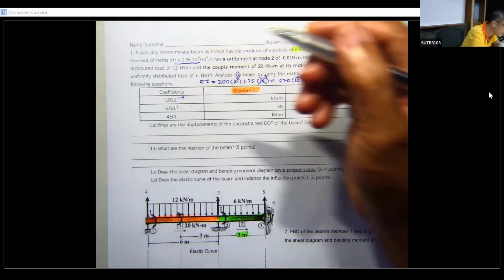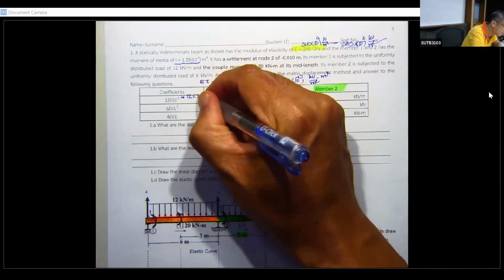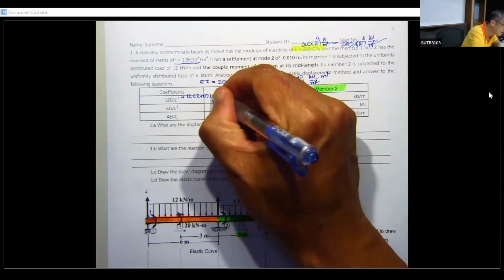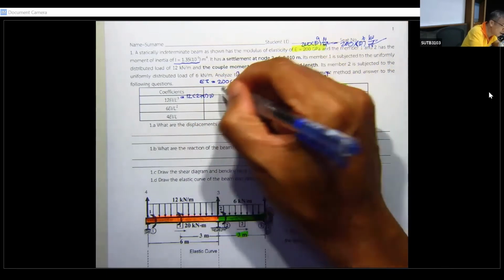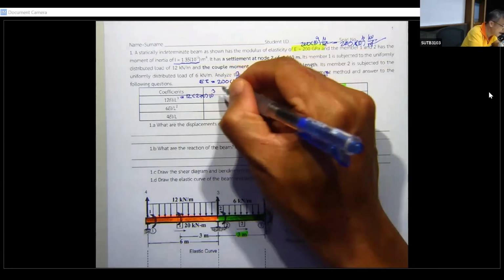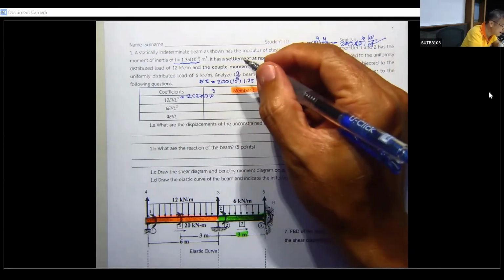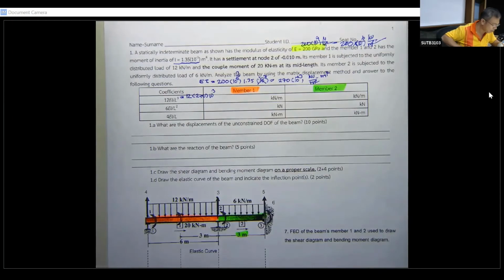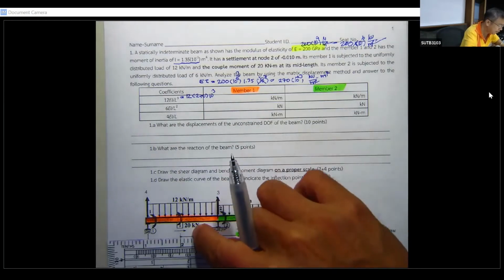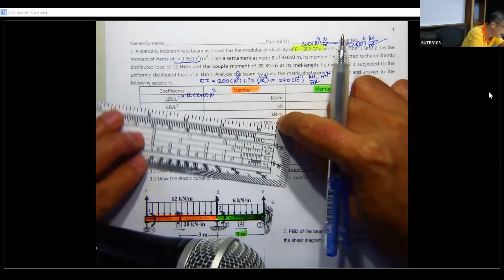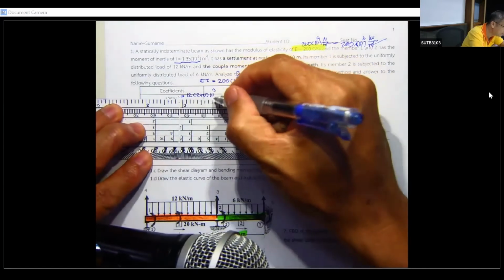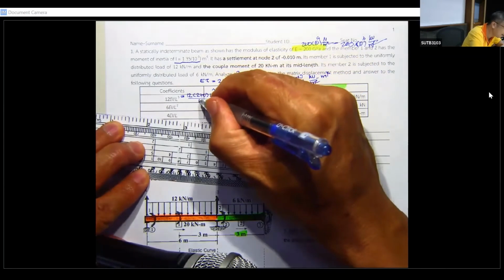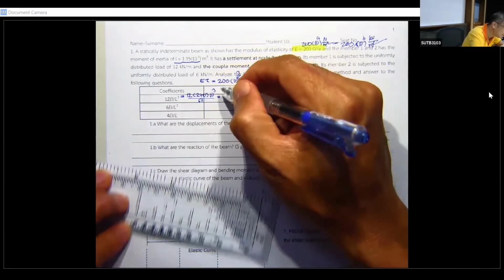This is going to be 12 times 270 times 10 power 3 divided by L cube. L cube is 6 power 3, divided by 6 power 3. You get 15,000.